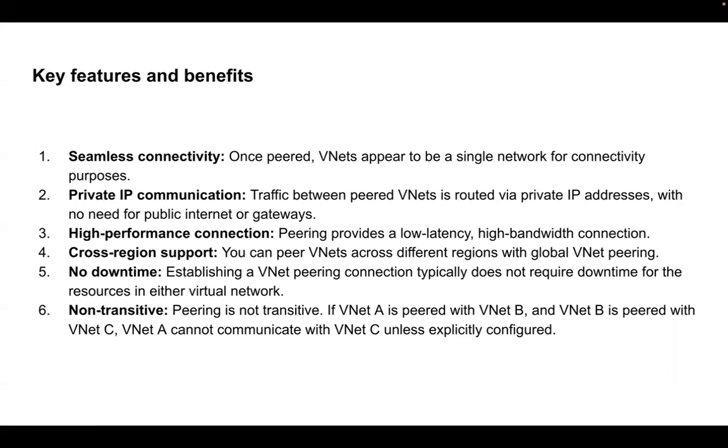So VMs in different VNets can communicate using private IP addresses. High performance connectivity. Once established, peering provides a low latency, high bandwidth connection. Cross-regional support. You can peer VNets across two different regions, which we call global VNet peering.